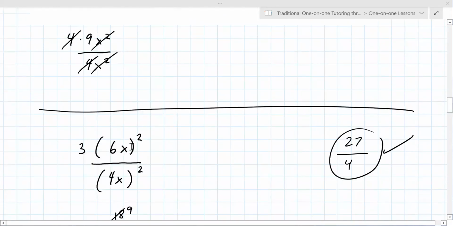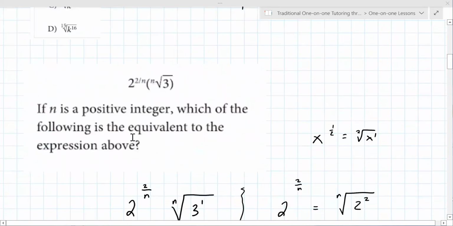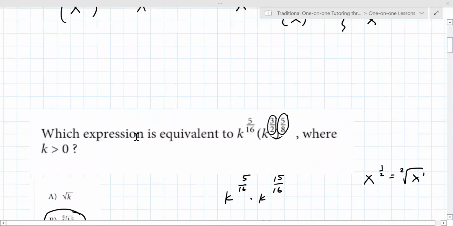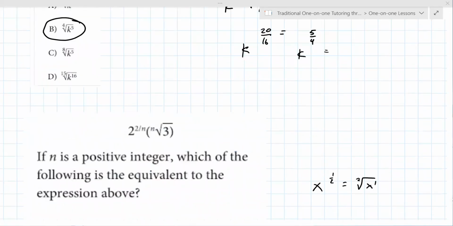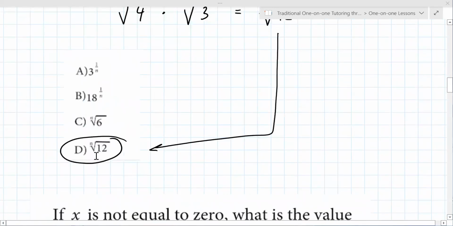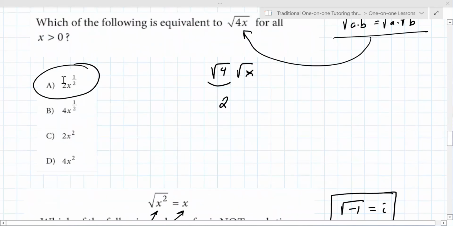Let me see if I can start back at the beginning. Which expression is equivalent to the following? Whenever they give you the answers, and this doesn't always work, but if you were generally trying to save time, do you see how the last answer is correct? And this one's the first one.